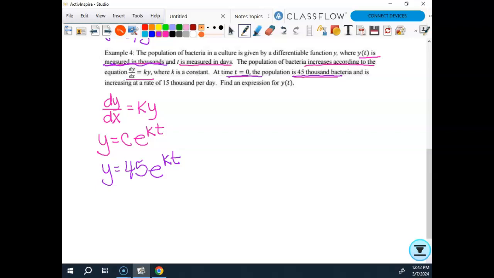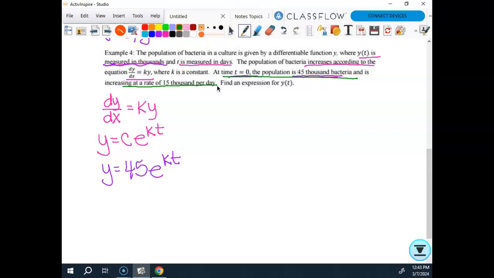All right, so we're here. We have the increasing rate. When this happens, it is increasing at a rate of 15,000 per day. So what equals 15,000 per day? No. T is the number of days.